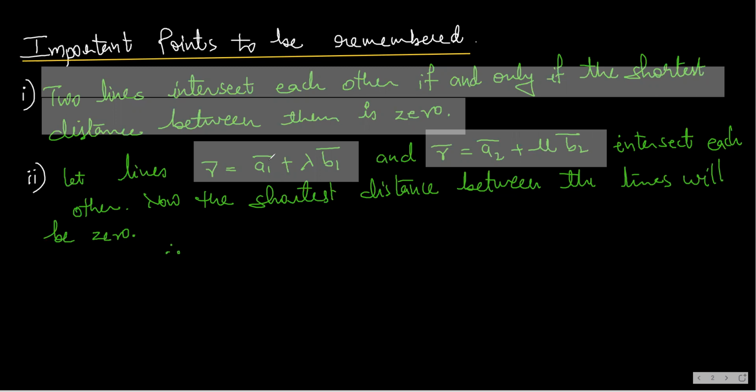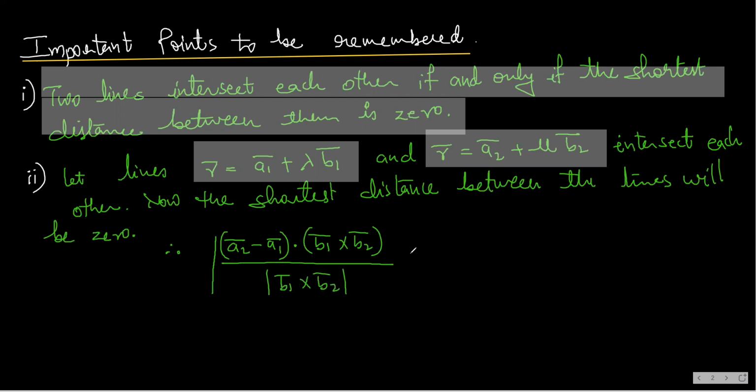So the shortest distance between the two lines here is given by a2 bar minus a1 bar, that is a1 a2 bar, dot b1 bar cross b2 bar, upon mod of b1 bar cross b2 bar, equals 0. This is the shortest distance and it will be 0.